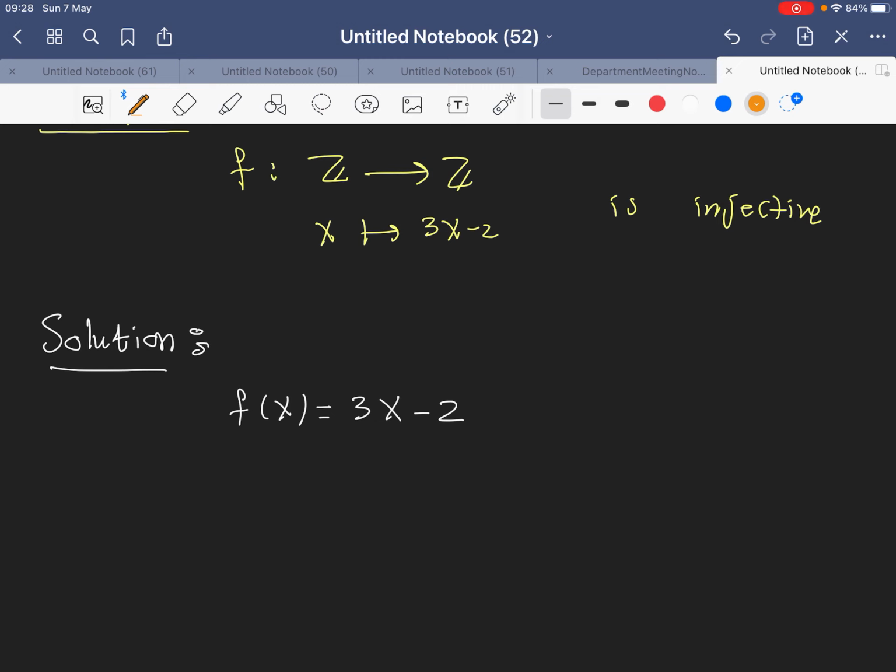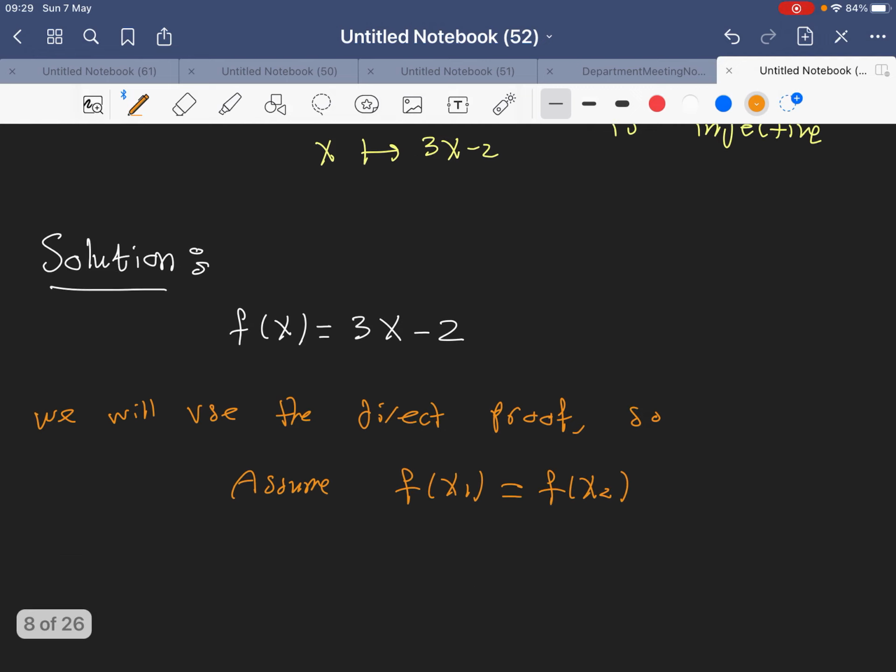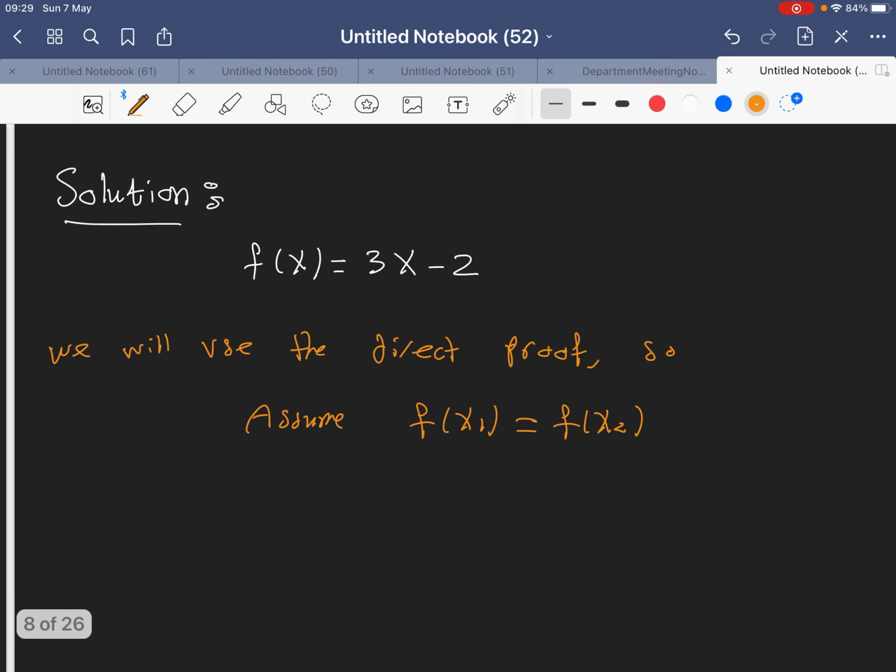So to prove this, we will use the direct proof approach. So assume f of x1 equals f of x2. Now what is f of x1? This is just 3x1 minus 2, equal to, what is f of x2? We just replace x by x2: 3x2 minus 2.